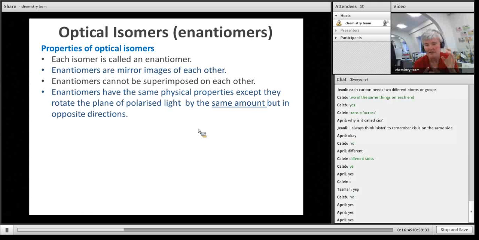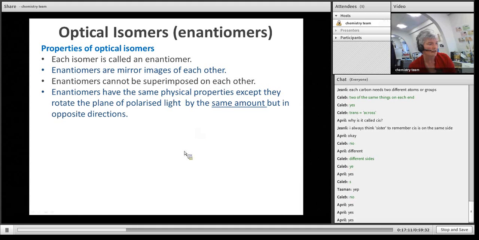So if you take your sunglasses and hold them in front of your screen and turn them, you'll notice there's a place where all the light comes through, and then there's a place where no light comes through.